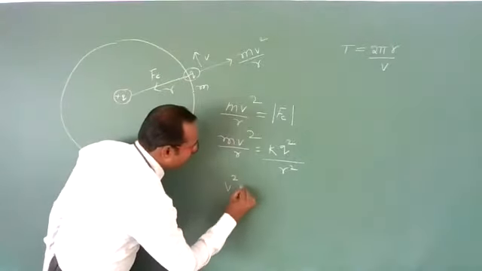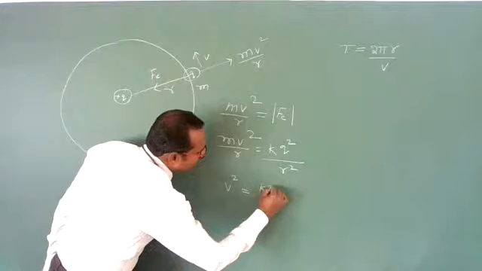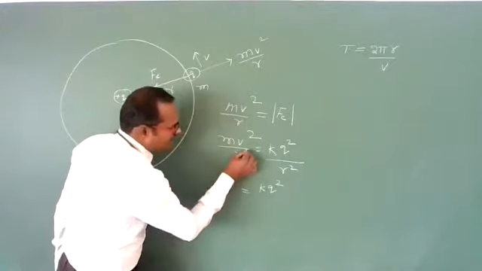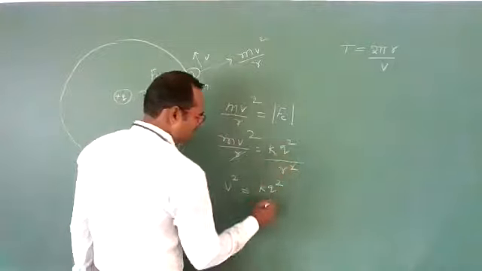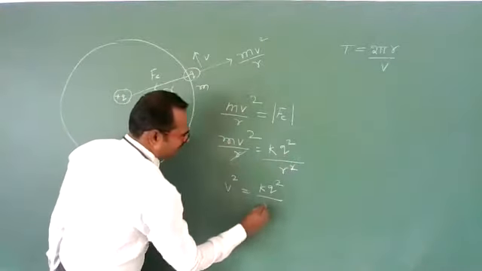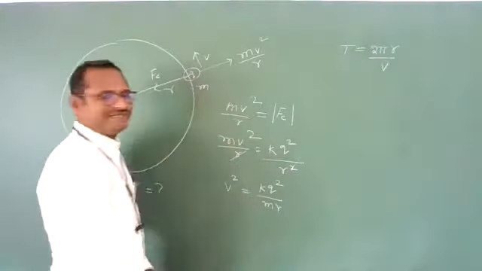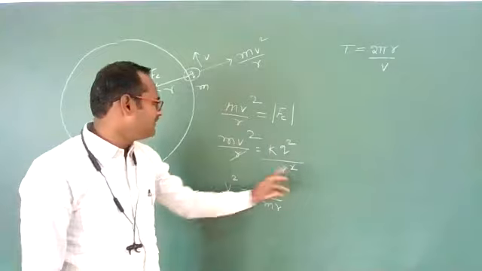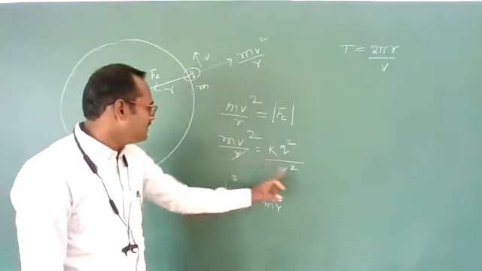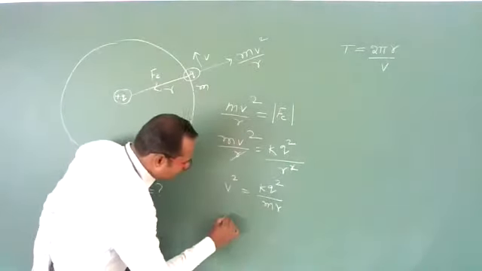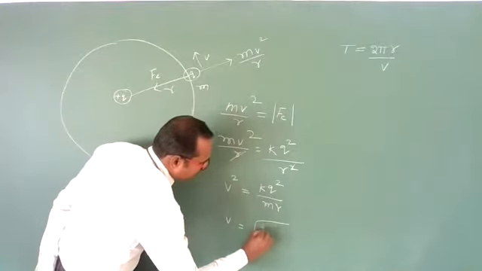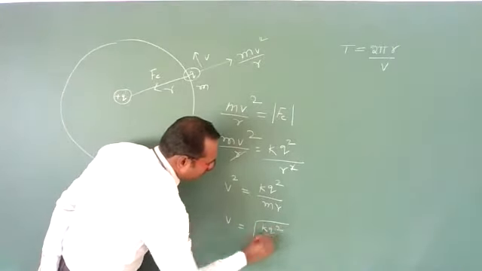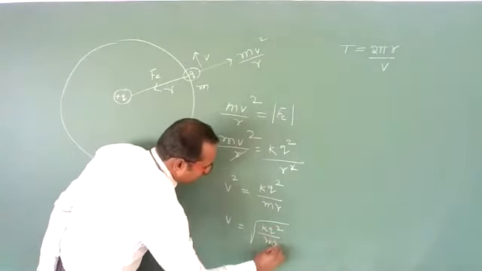So v square is nothing but kq square by mr, since one r cancels. Kq square is there, m will come down. Then v will be the square root of kq square by mr. Substitute there.